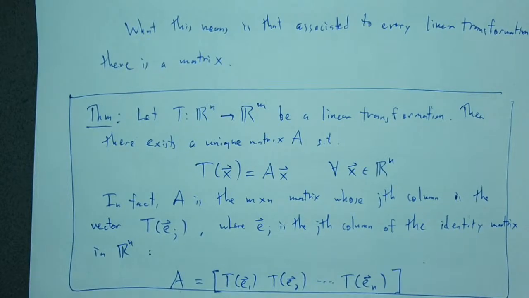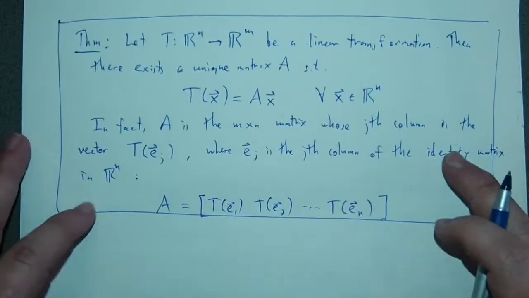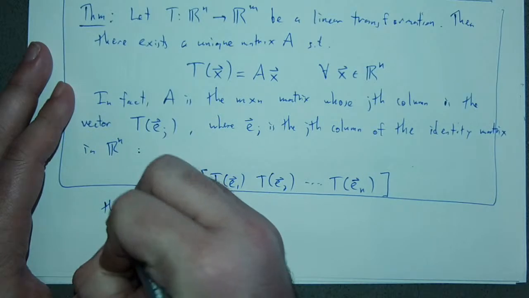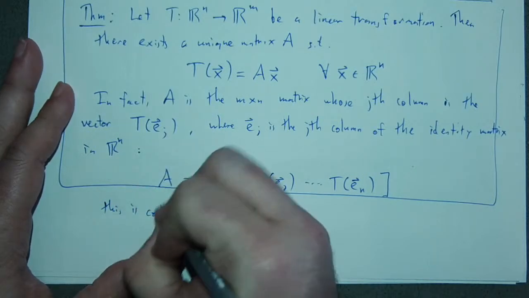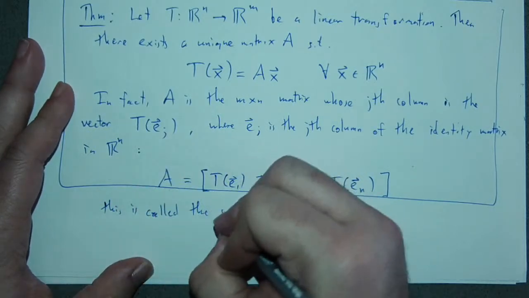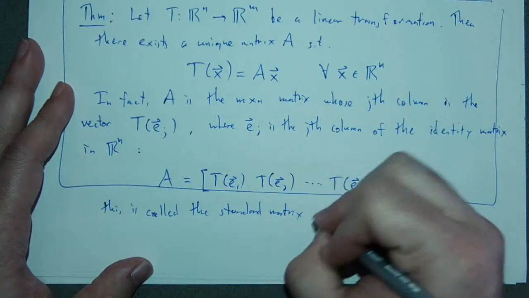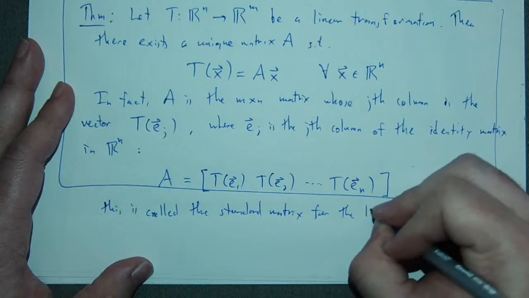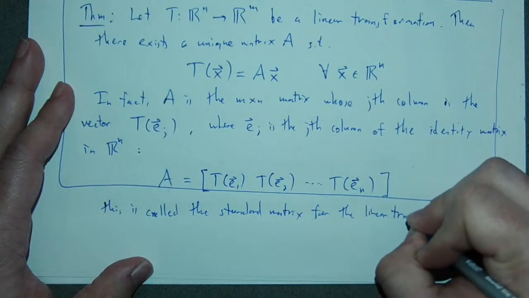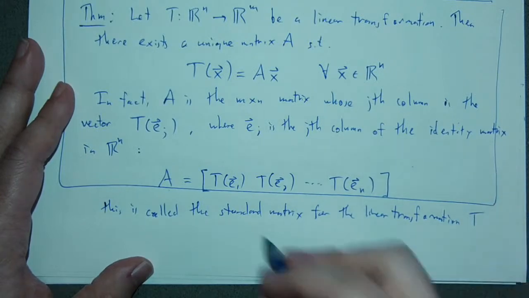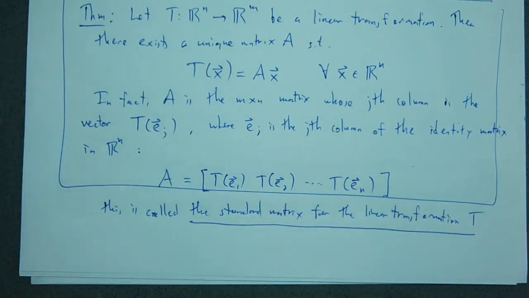That matrix is A, and this is called the standard matrix for the linear transformation T.